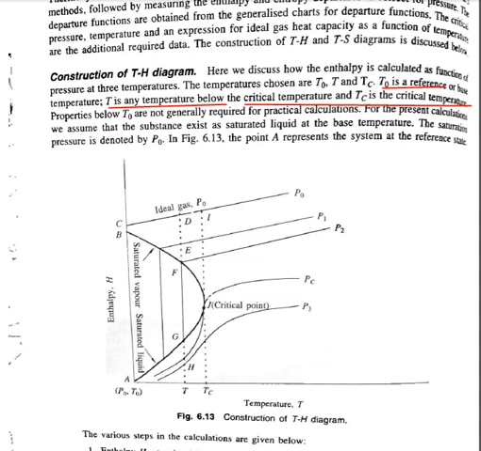The saturation pressure is denoted by P0 in figure 6.13. The point A represents the system at the reference state. So all these constructions and other parameters we will discuss in the next lecture, in which we consider critical pressure and critical temperature.